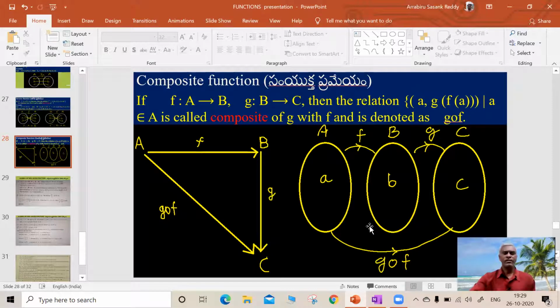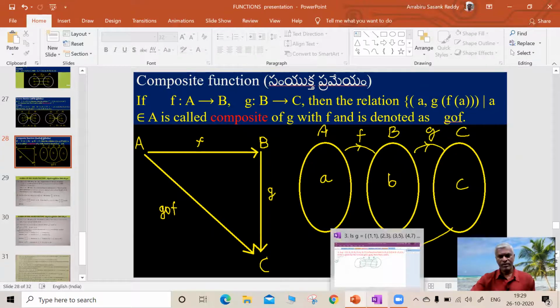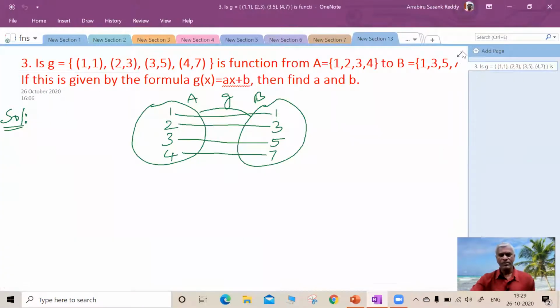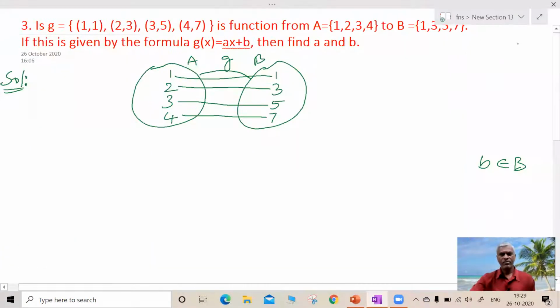So based on this, let us practice some problems. Now look at this. If G is a relation {(1,1), (2,3), (3,5), (4,7)} from A = {1,2,3,4} to B = {1,3,5,7}, is this a function? So this is the first question.